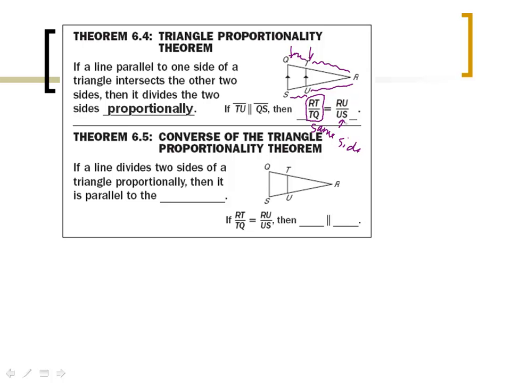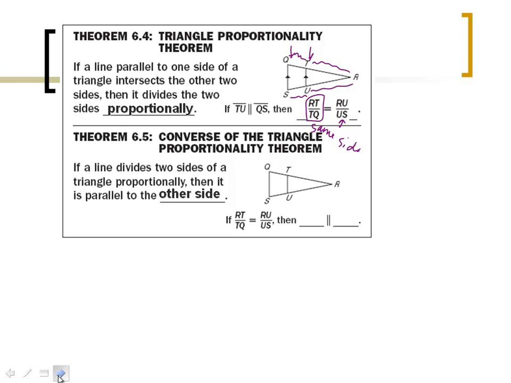So when we write our proportions, our problems here, we want our numbers to be from the same side of the triangle. So the converse of the triangle proportionality theorem is that if a line divides two sides of a triangle proportionally, then it is parallel to the other side.